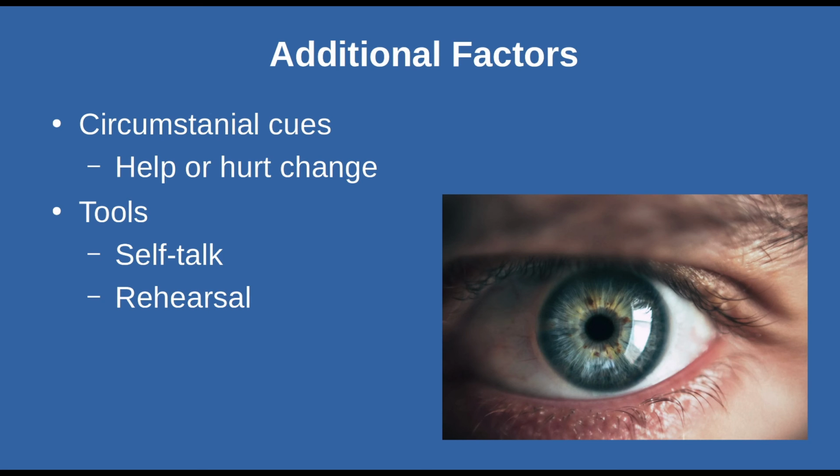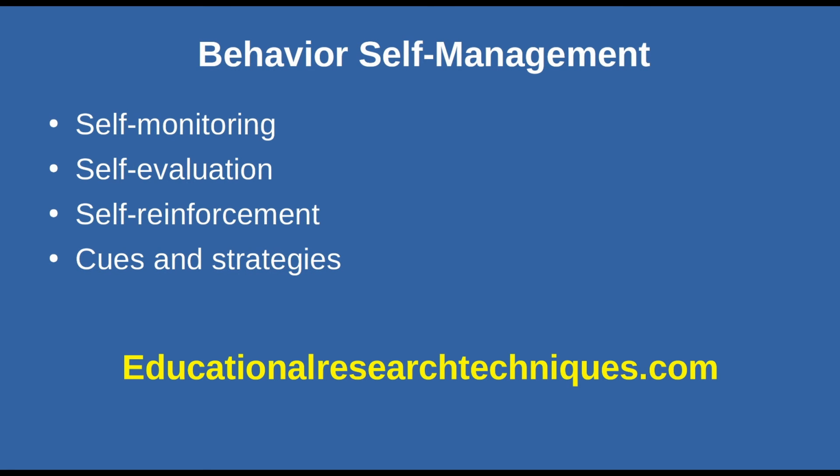Now, as a review, behavior self-management is about empowering the student to monitor, evaluate, and reinforce the desired behavior. At each step of this process, the student must be the one that is in control of determining what the problem is, how they're going to solve it, and how they're going to reward or punish this particular behavior that they're trying to grow.